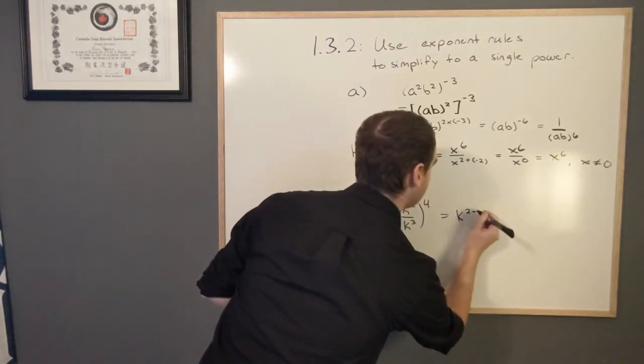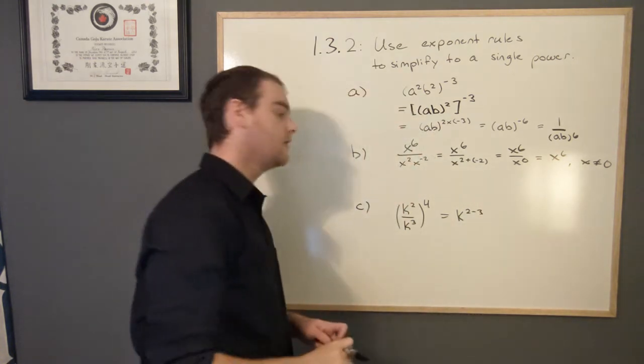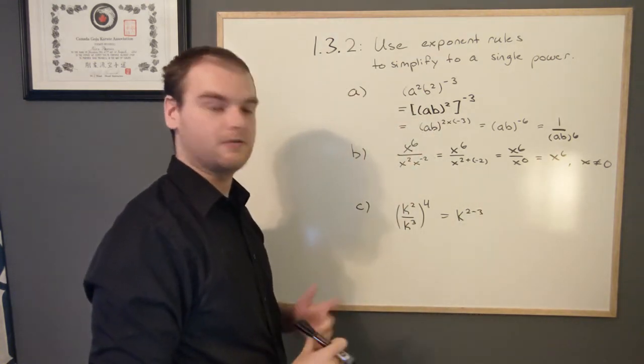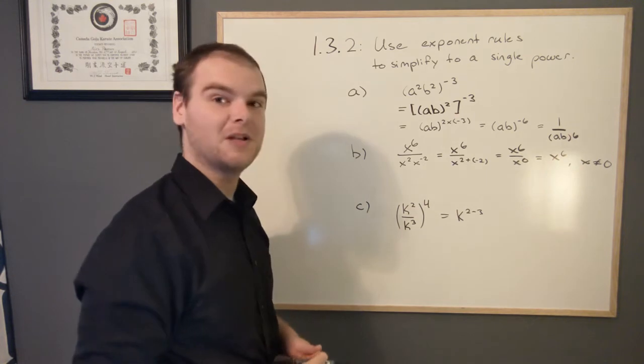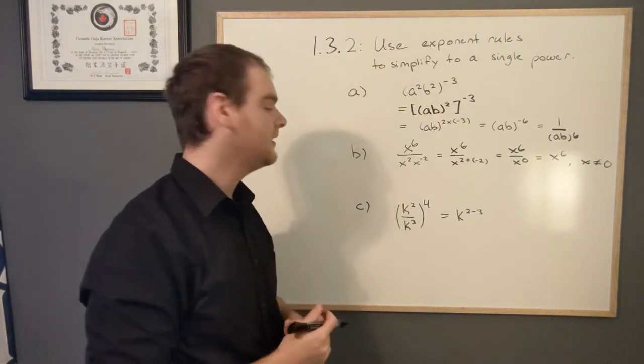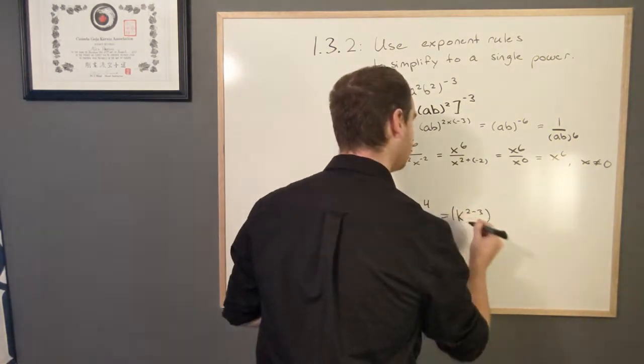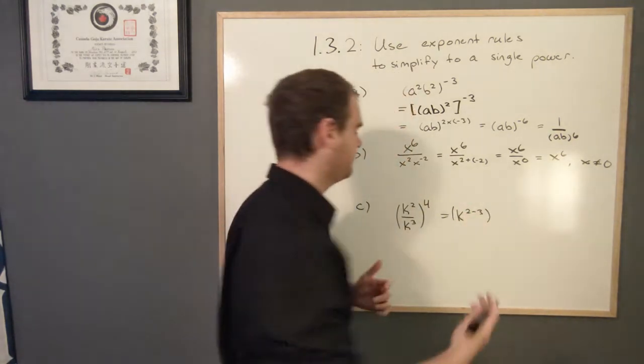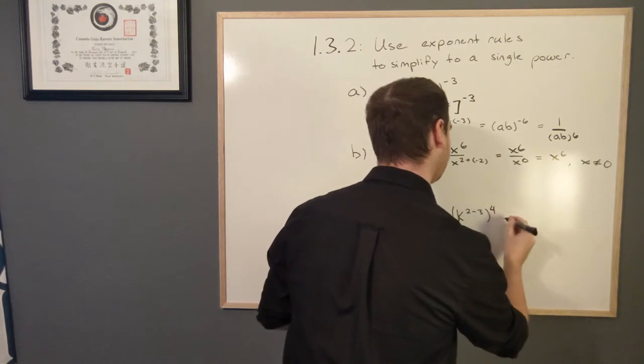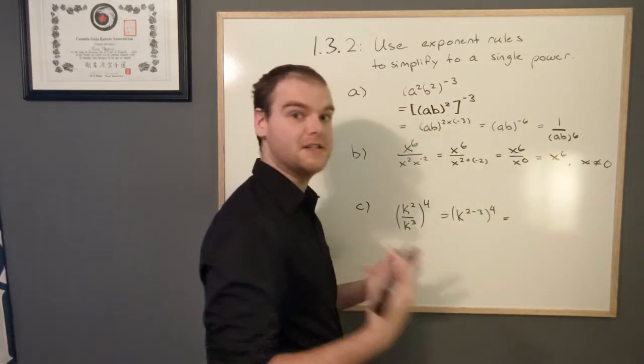So this becomes k to the power of 2 subtract 3, all of that to the power of 4. Subtraction gives us negative 1.